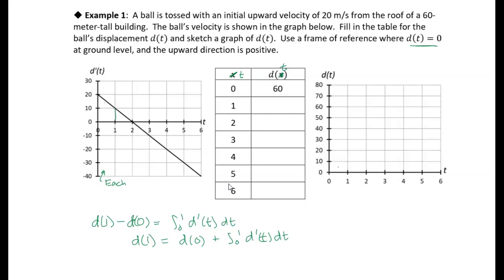So that's telling us that each grid rectangle represents 10 by 1, right?